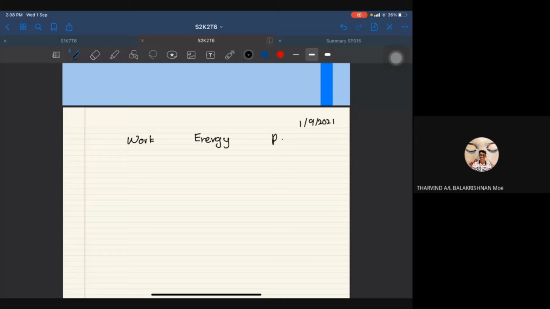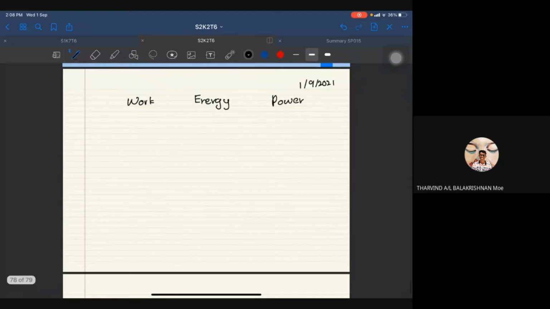So work comes from the definition of work equals F dot S. F dot S means F dot product with S. The dot product, as you know, becomes Fs cos theta. Dot product means the product of the x component of F multiplied with S.